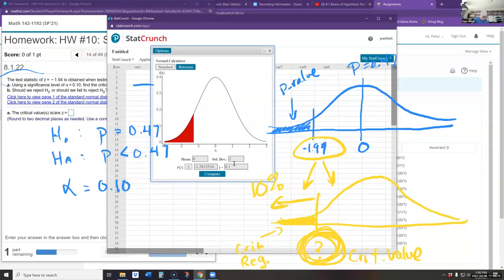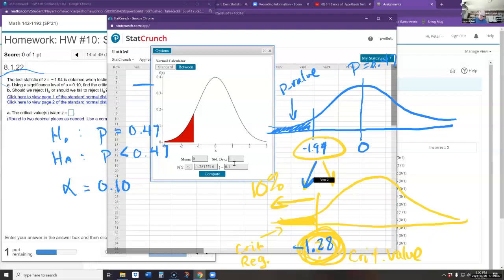So that means the value I want in my little circle here is negative 1.28. That also shows me that the actual test statistic of negative 1.94 is to the left of that.